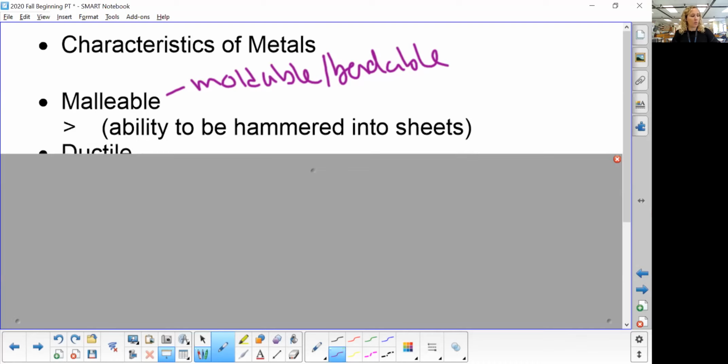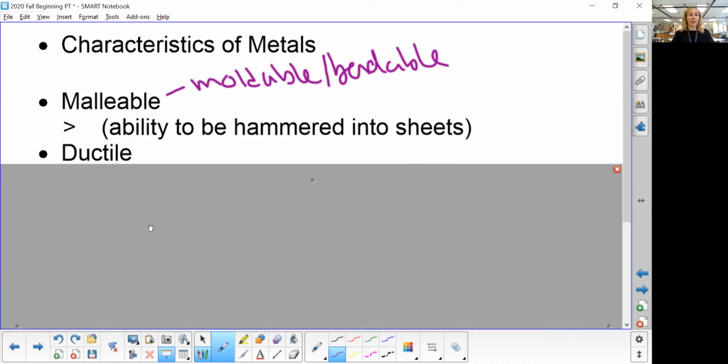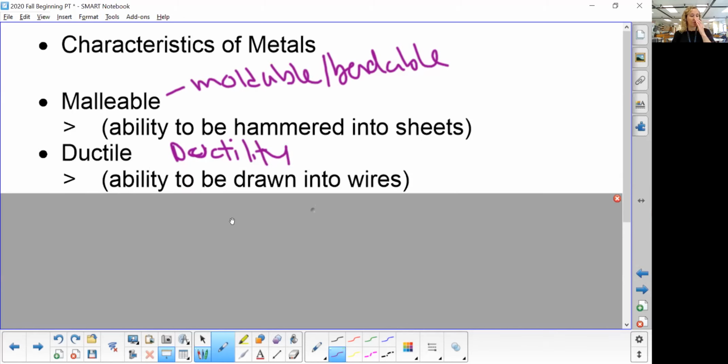And then the other word that gets used to describe metals is that most metals are ductile. Not all, but a lot of them are ductile. Does anybody know that word? Ductility, okay, so if I write it out like this, for something to be ductile or to have ductility is the ability to be drawn into wires.